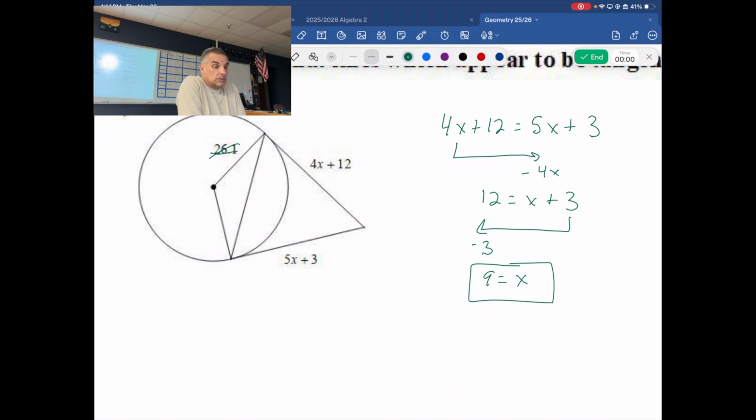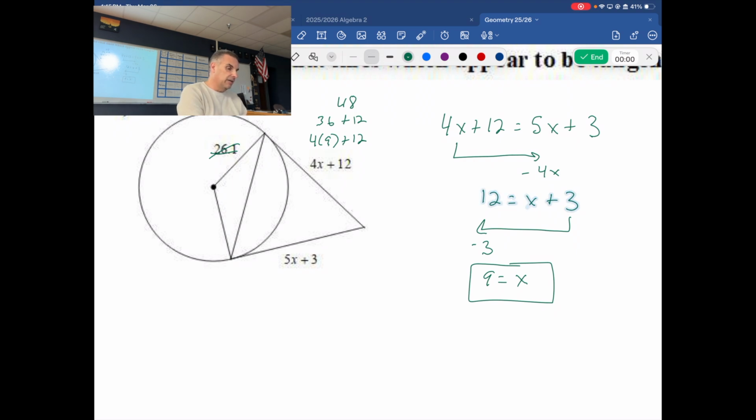Well, can I show that it's right? Sure. My x value is 9, so if I substitute this 9 back in here, 4 times 9 is 36, 36 plus 12 is 48. So that length with x being 9 is 48.